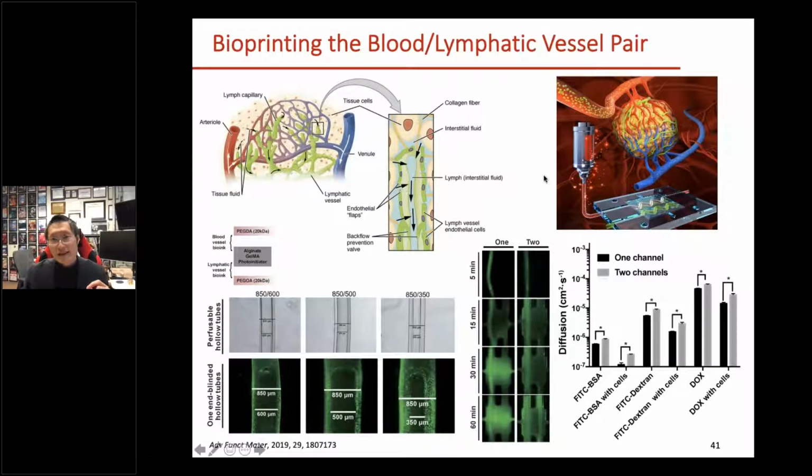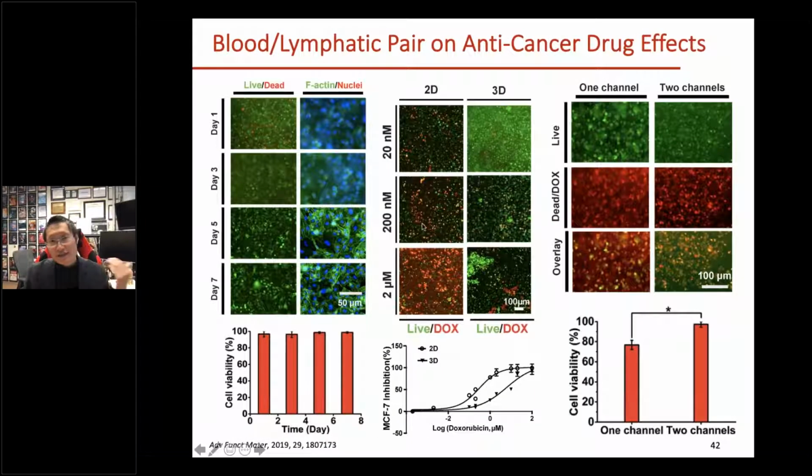So what can you do with that, right? You can embed these tubular structures within a matrix containing, for example, breast cancer cells. And then not only can you see, of course, differences between two-dimensional and three-dimensional culture, as we have been talking about a lot today, but what's more important is that you can also see a significant difference between one-channel culture and two-channel culture.